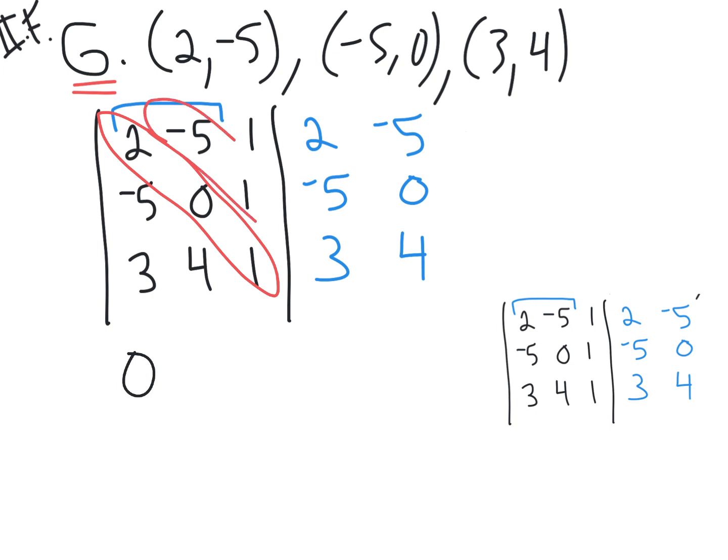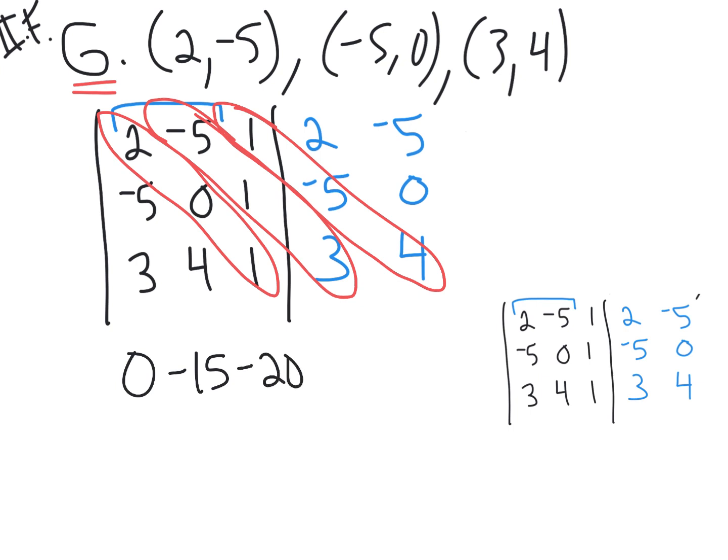And then our next diagonal, we've got negative 5 times 1 times 3. That'd be negative 15. And then we've got 1 times negative 5 times 4, which is negative 20. And then we're just going to add those together. So you can add the opposites here if you want. That's going to be negative 35.